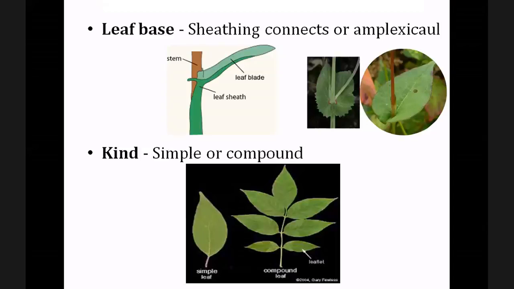Here the leaf base is broad, somewhat broad, and they surround the stem as an envelope. That leaf, we call it as a sheathing leaf base. Leaf sheath.